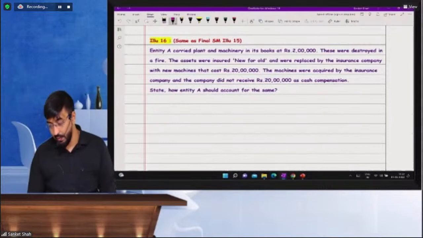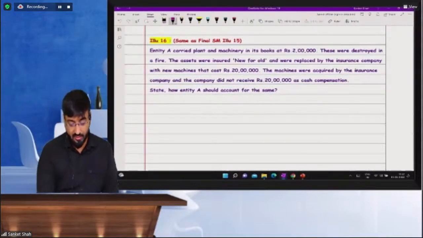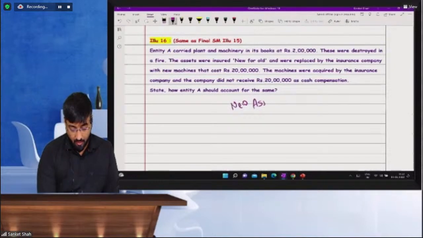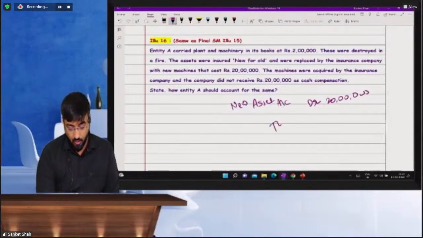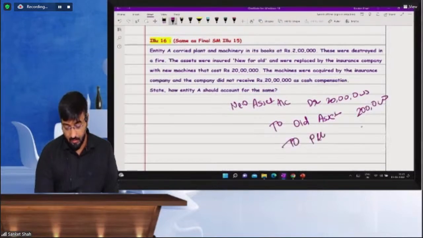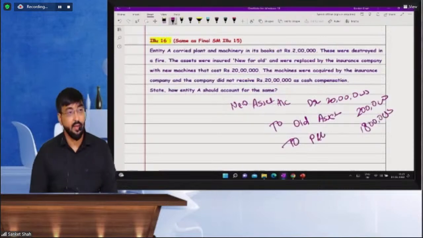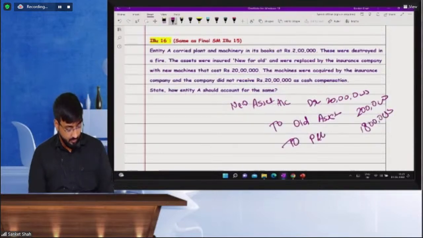Derecognition means we are not going to record the old asset. So new asset account debit 20 lakhs, to old asset 2 lakhs, to P&L 18 lakhs. No compensation in cash. Write down this entry.